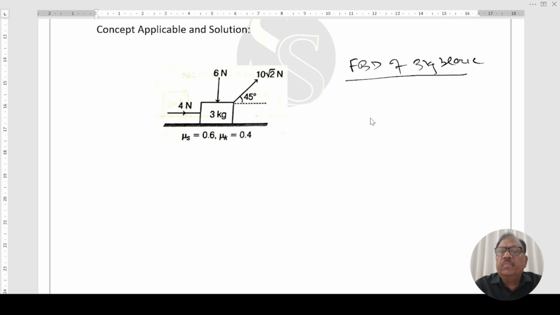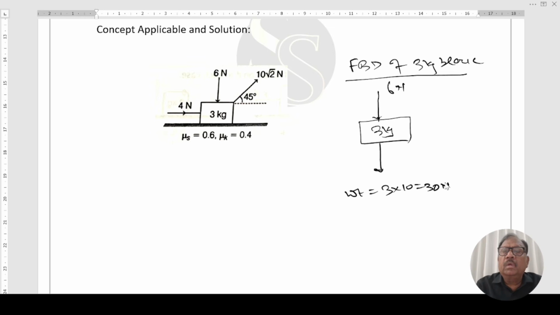One force acting vertically downward, 6 Newton. Weight will act downward, that is 3 into 10, 30 Newton, m into g. One force is acting, 4 Newton.